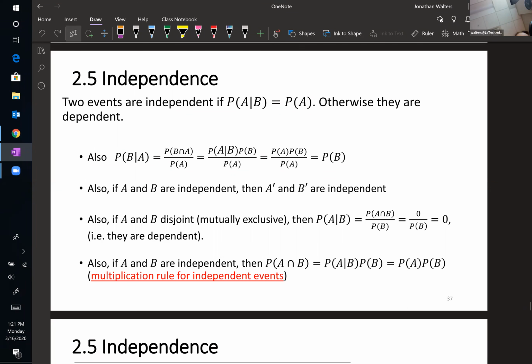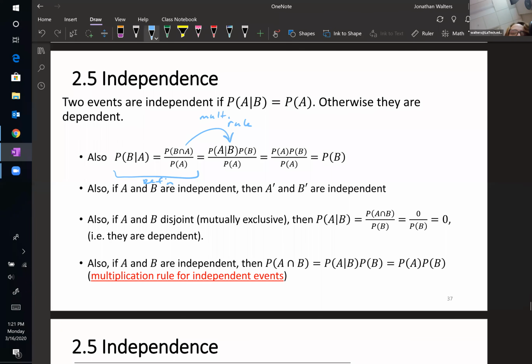Well, we know probability of B given A, by definition, is just probability of B intersect A over probability of A. Well, I can use the multiplication rule to rewrite the numerator. And now what do I know?